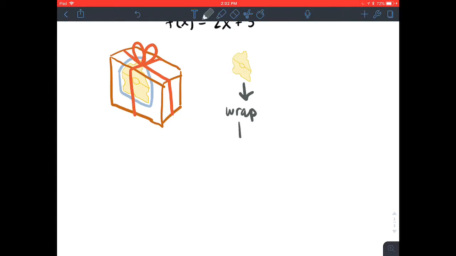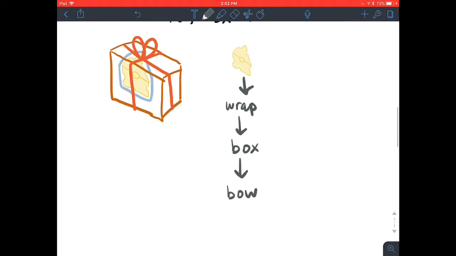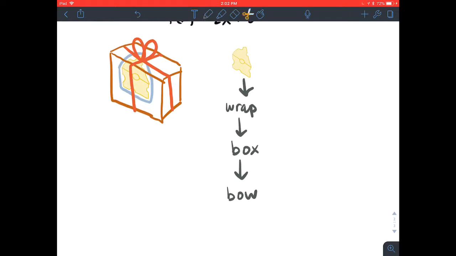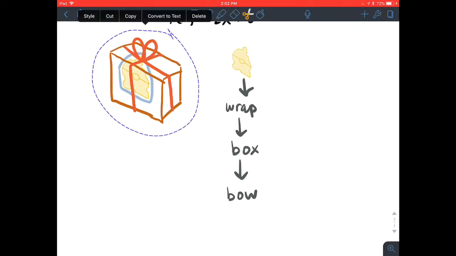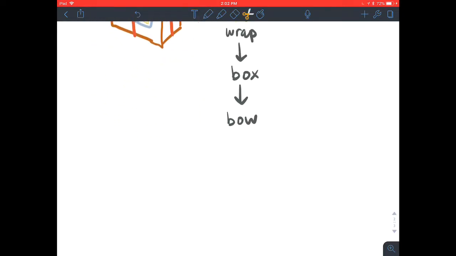The next function would be putting it into a box. And the next function would be putting on a bow. And at the end, you end up with this very nice cheese present.